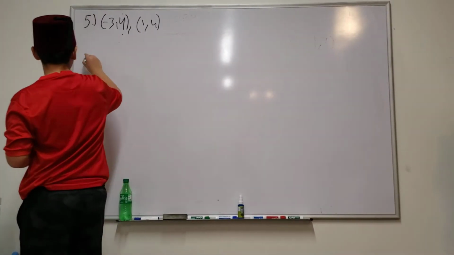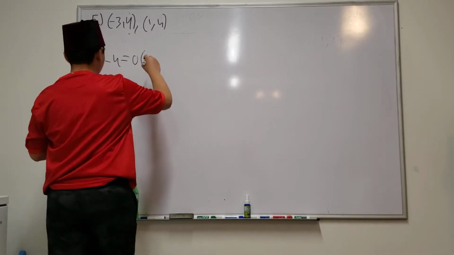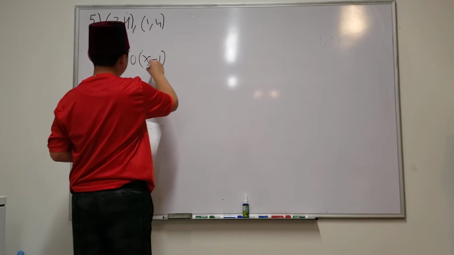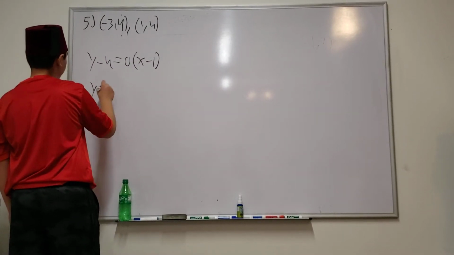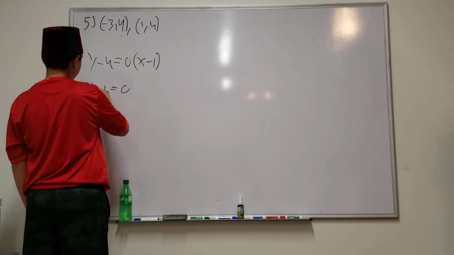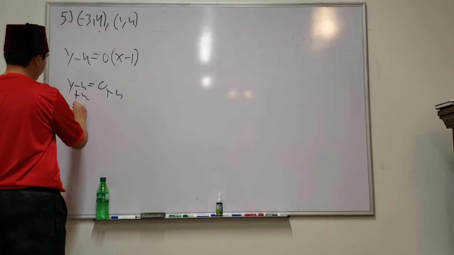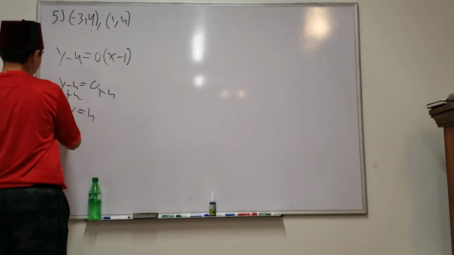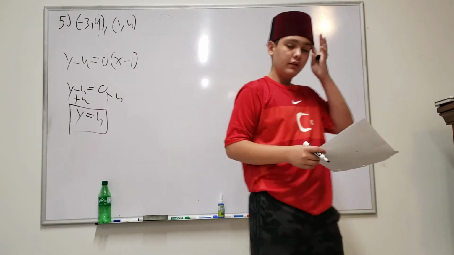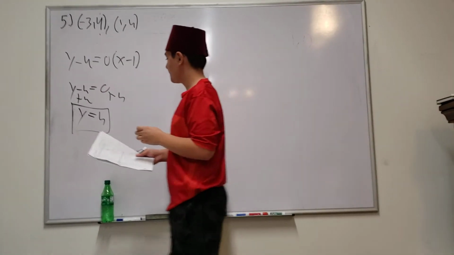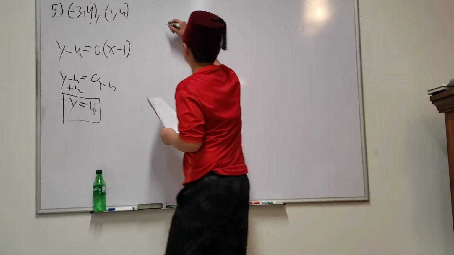So we get y minus 4 is equal to 0 times (x minus 1). So y minus 4 is equal to 0, and add 4 to both sides. So that is equal to y equals 4, final, in slope-intercept form. Right, move on to number 6.